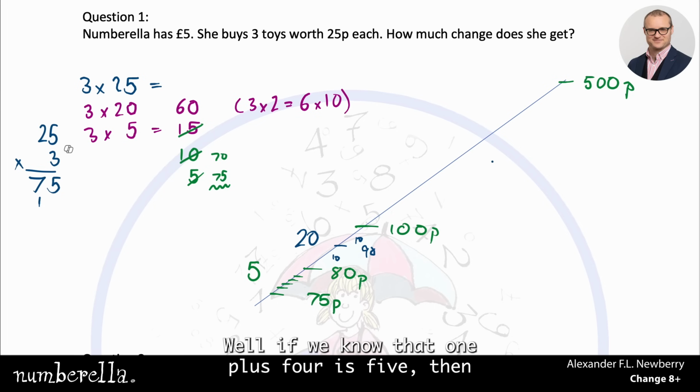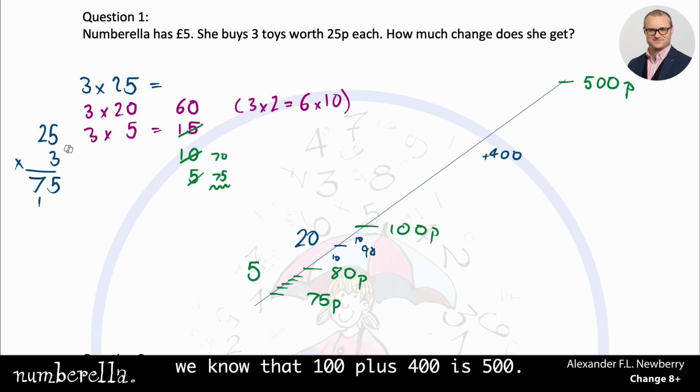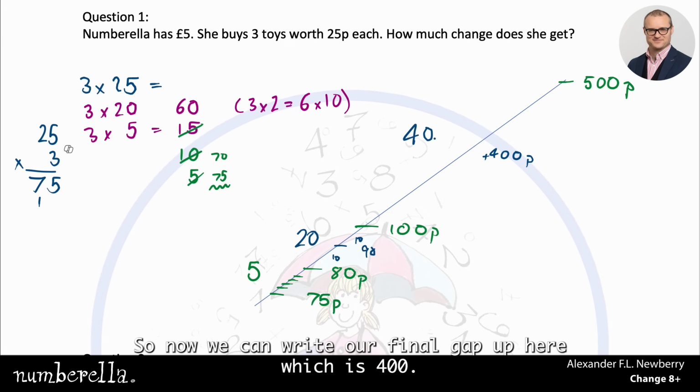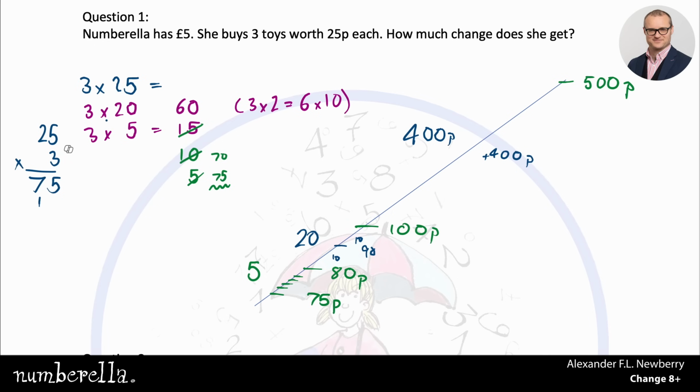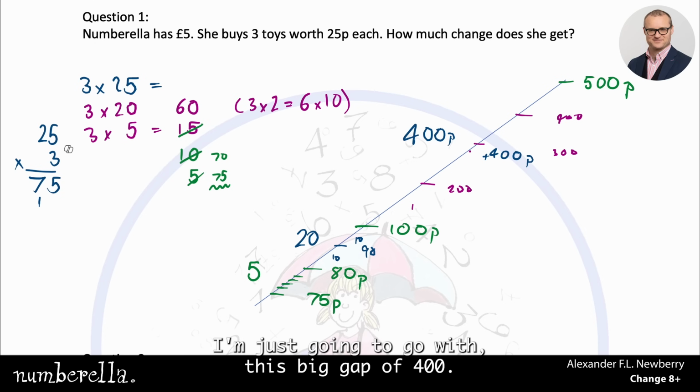Well, if we know that 1 plus 4 is 5, then we know that 100 plus 400 is 500. Okay, so now we can write our final gap up here, which is 400. Again, if you need to, you can do the 200, 300, 400, and you can break it into these smaller gaps. Okay, I'm just going to go with this big gap of 400.